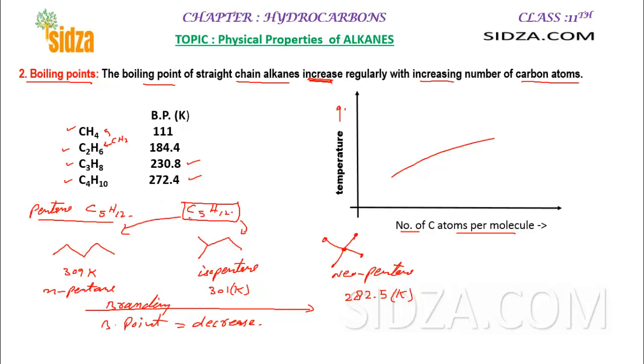Why does it decrease? Pretty simple. In a normal pentane, the surface area is more, and with the increase in branching, the surface area of the molecule decreases. And we know the intermolecular force of attraction depends on the surface area of a molecule. So when the surface area of the molecules decreases, the boiling point also decreases.